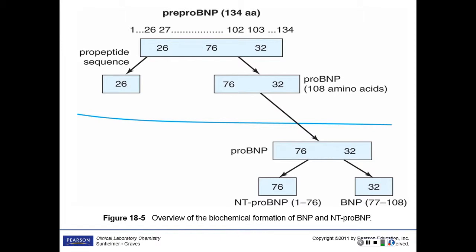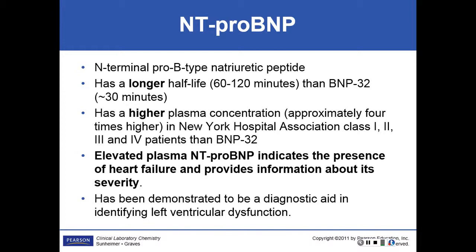Some places will test for pro-BNP, some will test for the N-terminal pro-BNP or just the BNP. The N-terminal pro-BNP is higher in the plasma with certain patient conditions. If it is elevated, it is very indicative of heart failure, and so it can provide information on the level of severity.